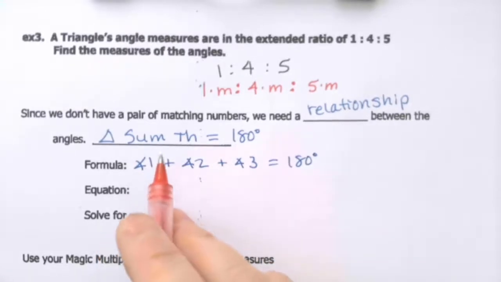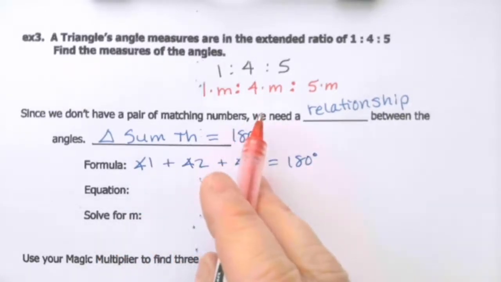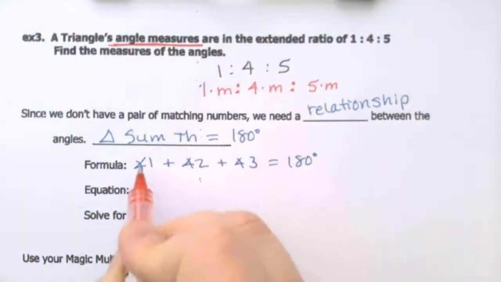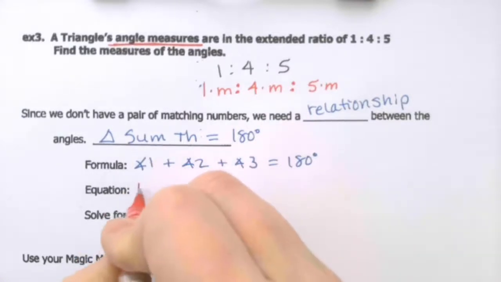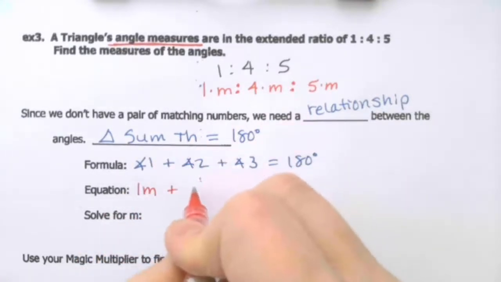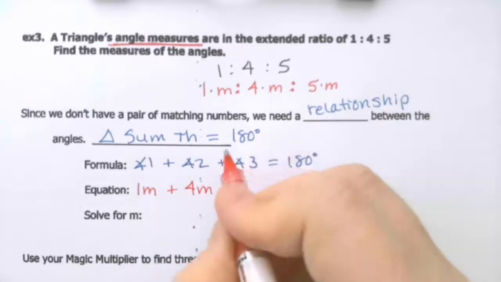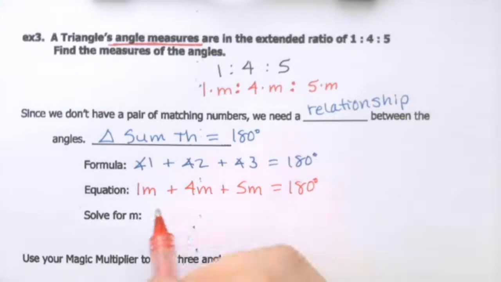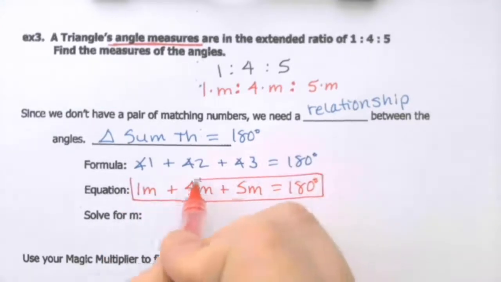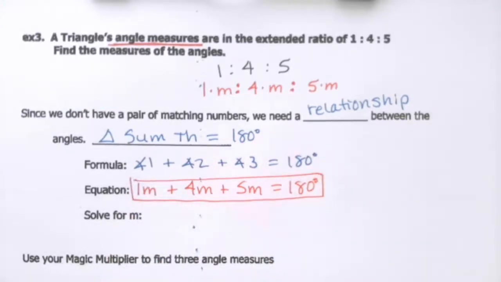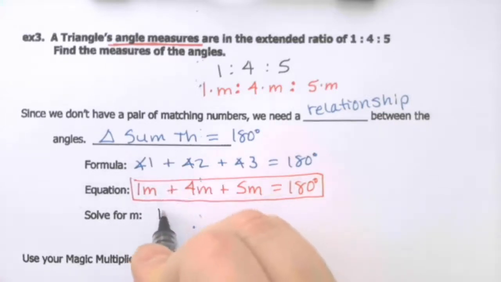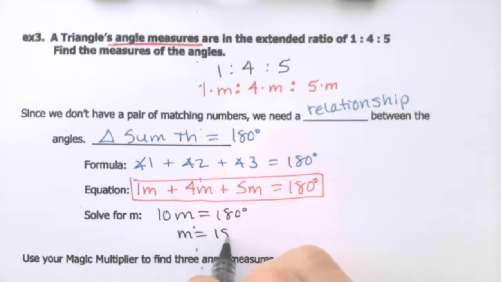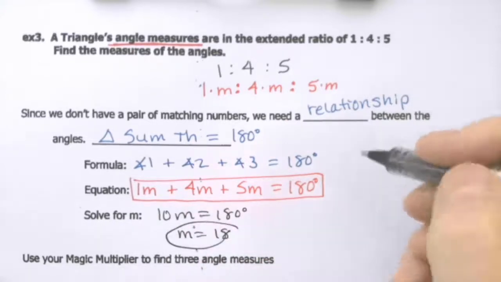If we use our angle measures, small, medium, large, angle 1 would be 1m, plus angle 2, which is 4m, plus angle 3, which is 5m. All three of those angles have to add up to 180. The cool part is that is a solvable equation. 5 plus 4 plus 1 is 10m equals 180 degrees. So m equals 18. That's our magic multiplier.